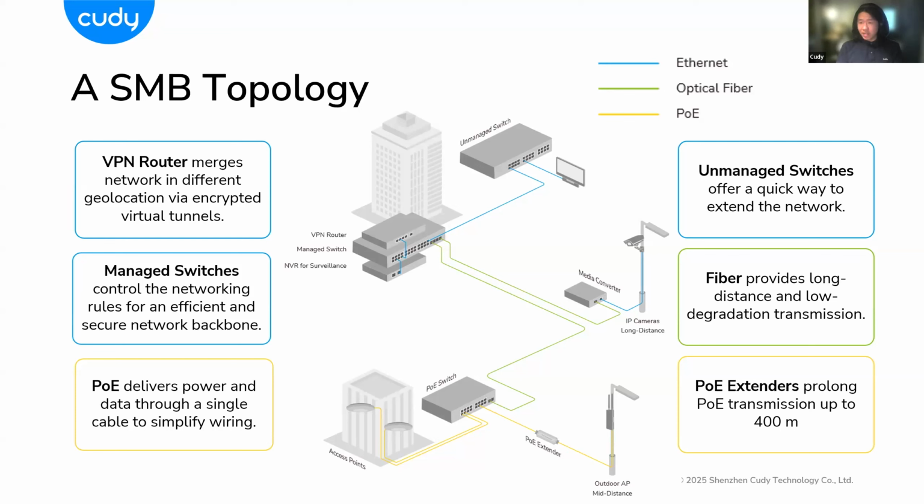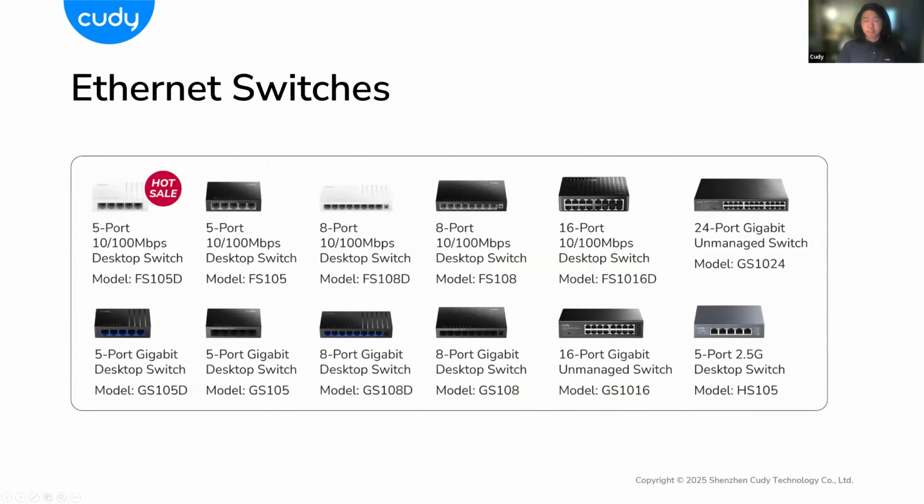We can provide a PoE extender, which will consume a little bit of power from the PoE line and boost the signals within the Ethernet cable for another 100 meters. By installing 3 of them in a chain, you can have 400 meters of reach. That's PoE extenders. I hope now you have gotten familiar with the roles of different products within an SMB topology.